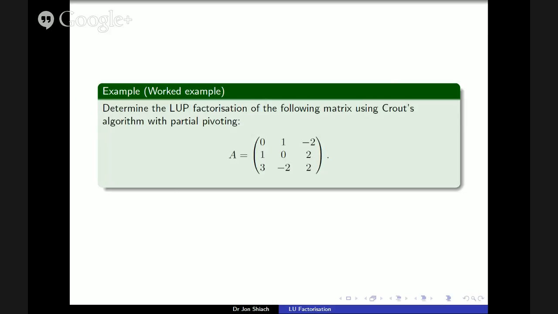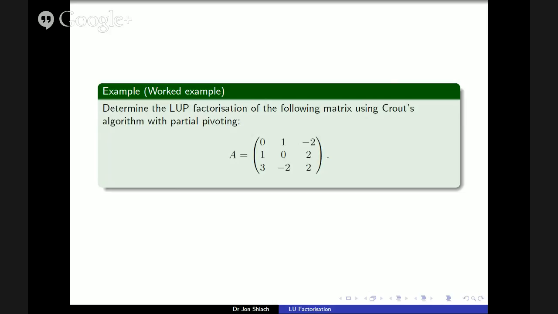Now we have to look to see whether there's a row swap. At the moment, our pivot element is 2/3. The element beneath it is 1, which is larger than 2/3, so we need a row swap. I'm going to swap row 2 and row 3 around.